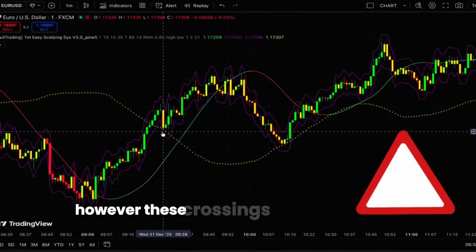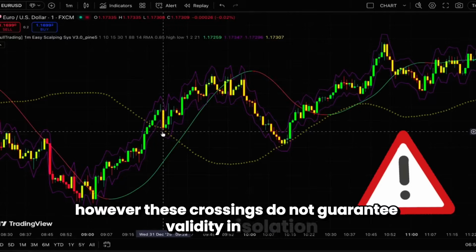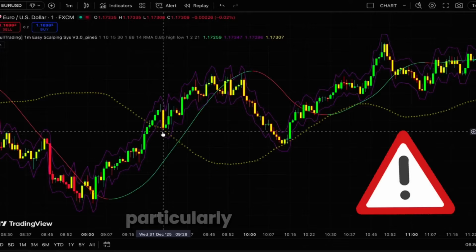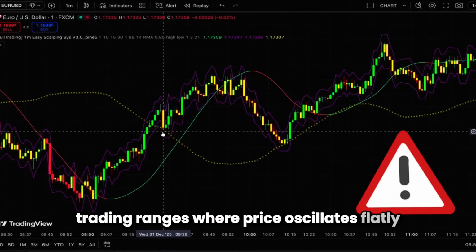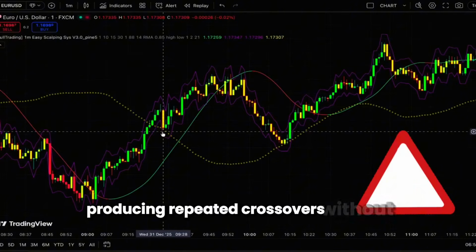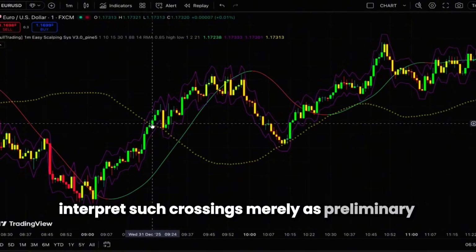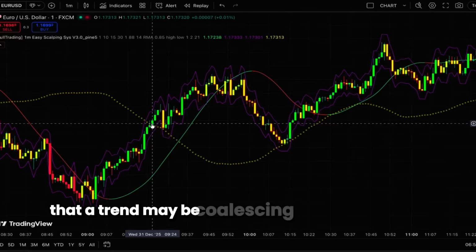However, these crossings do not guarantee validity in isolation. Relying solely on them invites numerous false signals, particularly amid sideways trading ranges where price oscillates flatly, producing repeated crossovers without commitment. Interpret such crossings merely as preliminary indications that a trend may be coalescing.